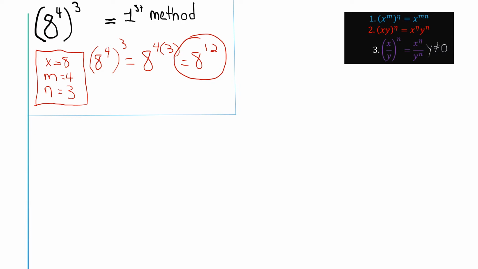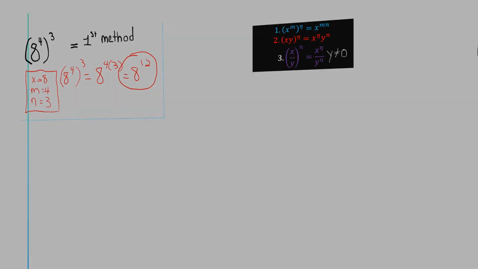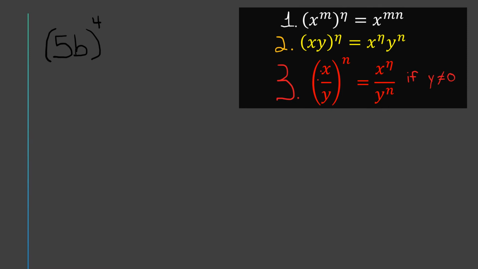But right now, I will create another problem that is similar to the second method. So we have 5b to the 4th power. This matches the second power rule method, which is number 2. So we'll say x equals 5.